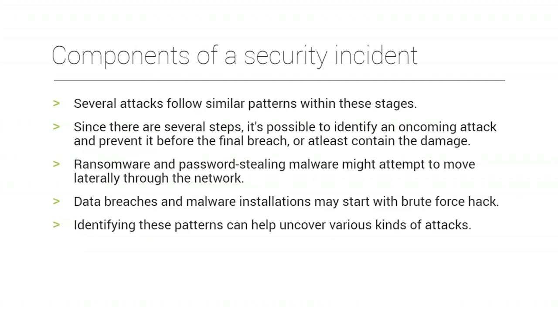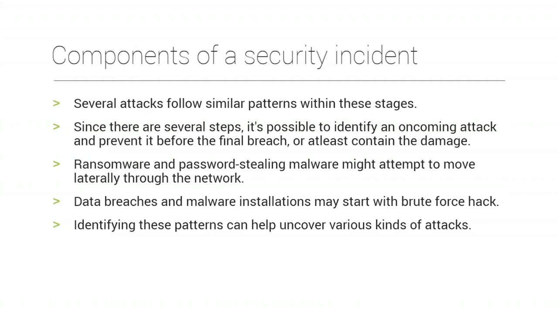So, the reason why all of this is important is because it has a lot to do with how event correlation works. The thing is, when you start breaking down various attacks into these smaller steps that I've just described, you'll see that they start following very similar patterns during the various stages. So, for instance, I told you how the WannaCry malware spread across the network, right, by exploiting a vulnerability.